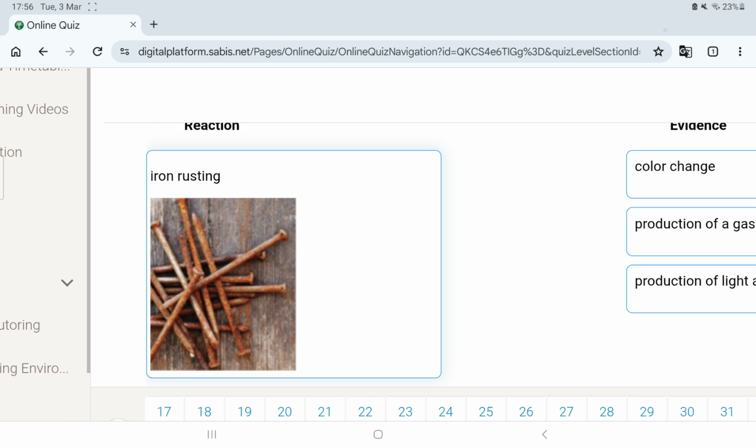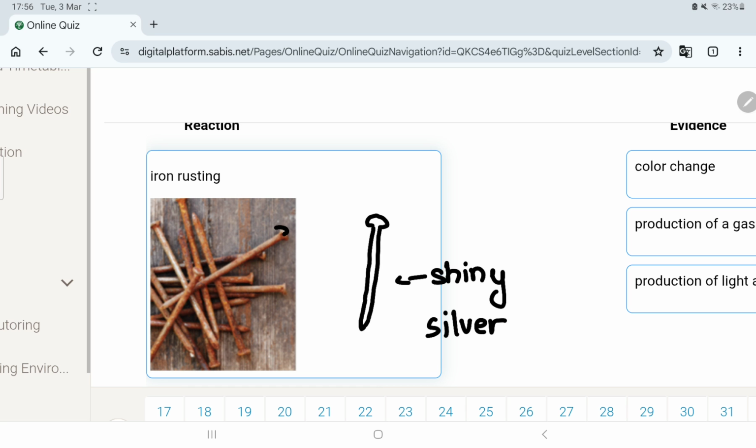Rusting. Iron would normally look so much more shiny. Here, let's say that this is the iron nail. It would normally look really shiny. Shiny and silver. Now it's red. Now, what color is it? It's reddish color.